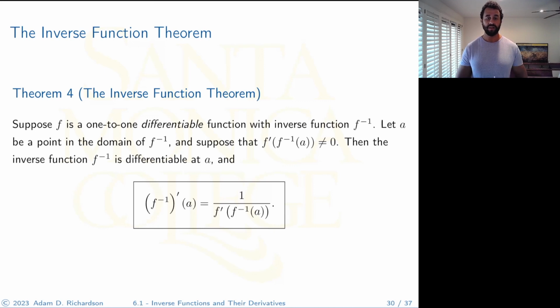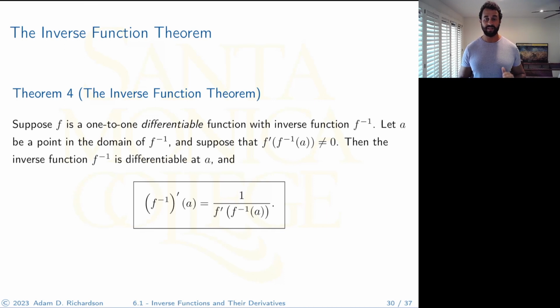So here we go. Let's suppose that f is a one-to-one differentiable function with an inverse function, f inverse. Let A be a point in the domain of f inverse, and suppose that this value is not 0. So kind of a mouthful, but f prime of f inverse of A is not 0.